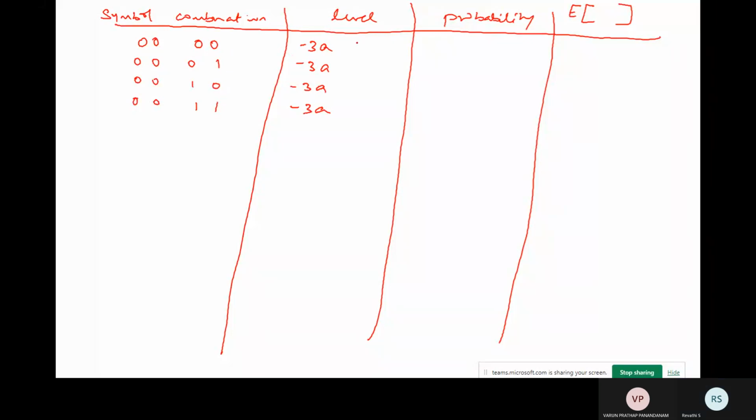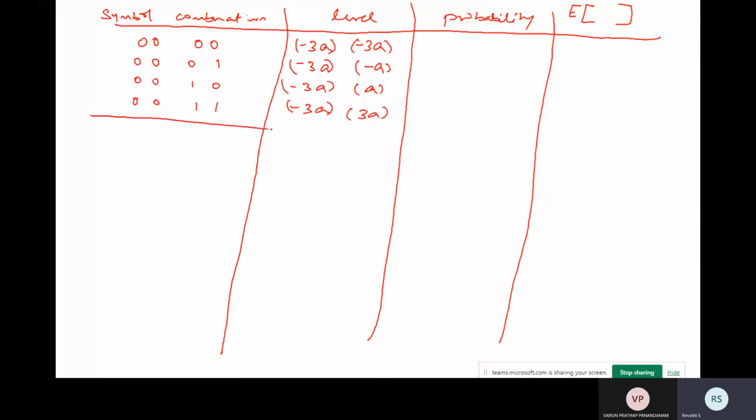If it is 0 0, the level is minus 3a, 0 1, the level is minus a, 1 0, the level is plus a, 1 1, the level is plus 3a. So you are just going to multiply. Okay, this is for the first combination.